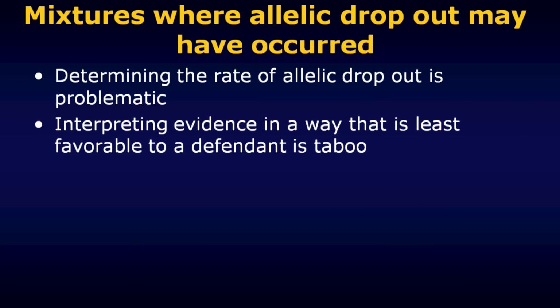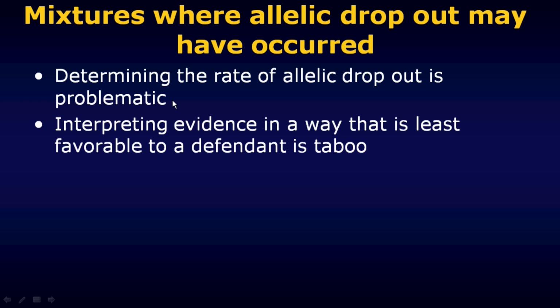In a nutshell, determining the rate at which dropout occurs is very difficult. It's hard to determine based on an evidence sample, and you simply can't look at the suspect's profile to say that that's why the evidence sample doesn't match, that dropout has occurred. That's a very short logical fallacy, and again, it's a suspect-centric approach at the very least.